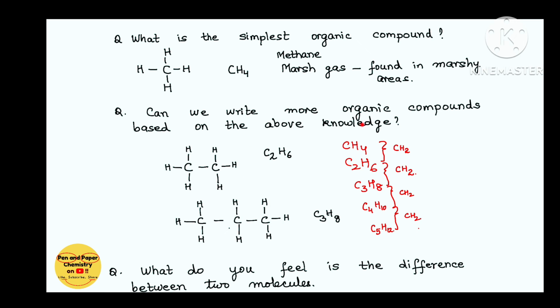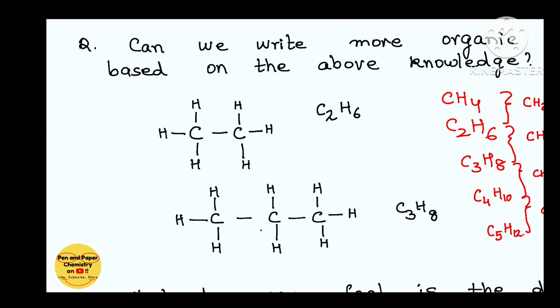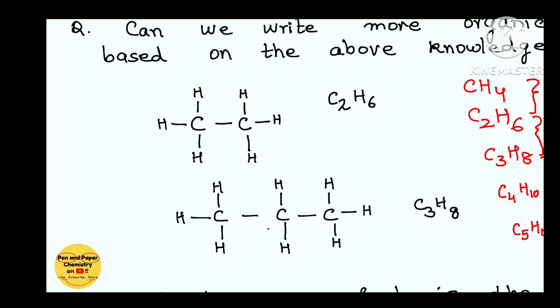Here I have a set of compounds where there is only single bond between the carbon atoms. You see over here? And these type of compounds where there is only single bond between them are known as saturated compounds. Saturated means their valencies are all singly occupied.